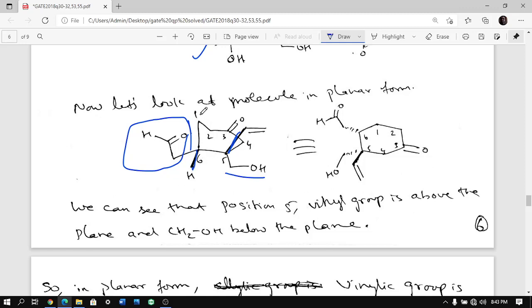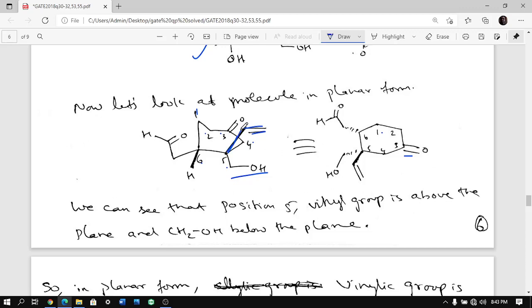I have given the numbering here, 1, 2, 3, 4, 5, 6. At position 3 there is the ketone. At position 5 you have the vinyl group, and then the alcohol, CH2OH.